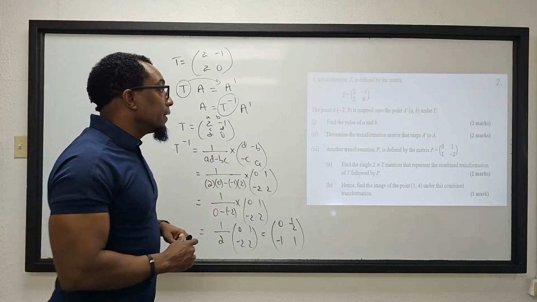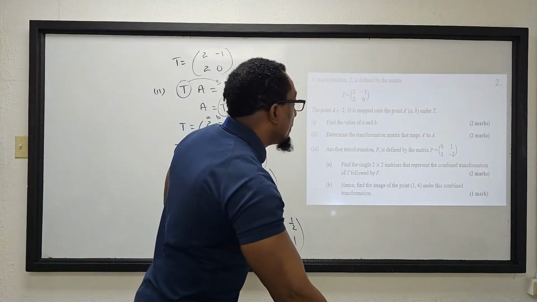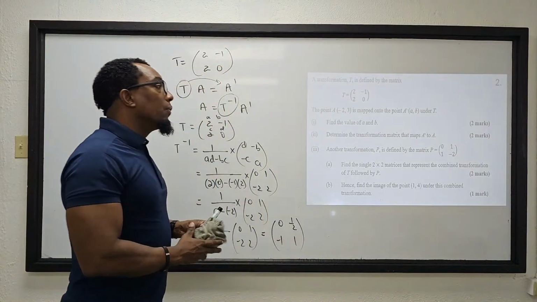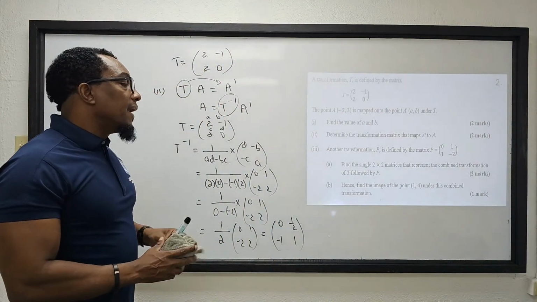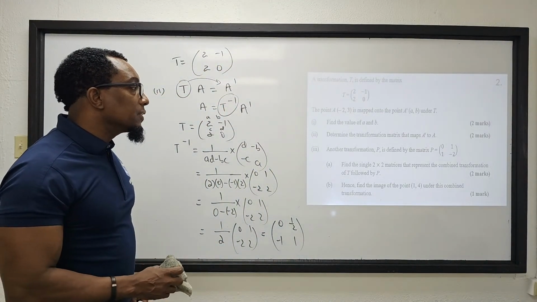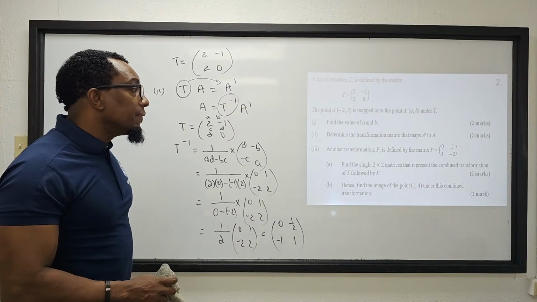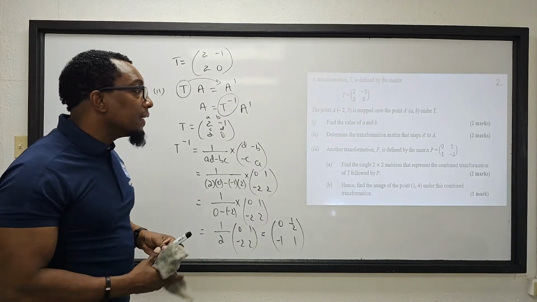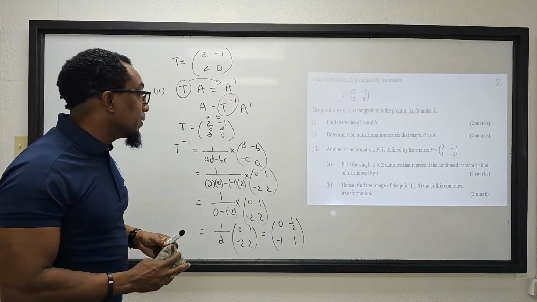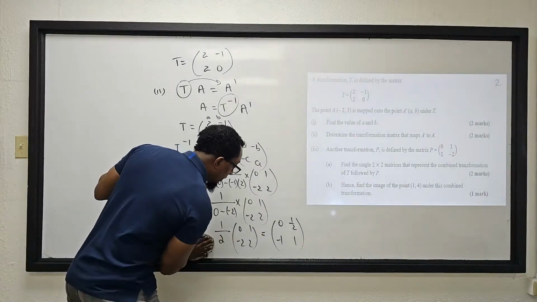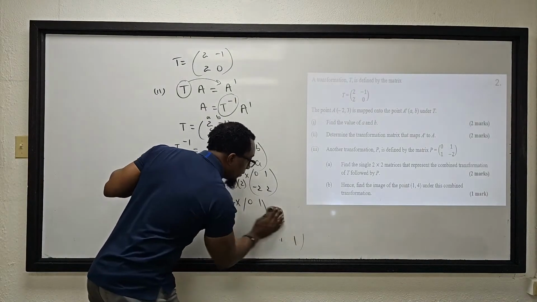Now part 3. Another transformation P is defined by 0, 1, 1, negative 2. Find a single 2 by 2 matrix that represents a combined transformation T followed by P. So what is a combined transformation T followed by P? Now when you see that in a transformation question, what does it mean?